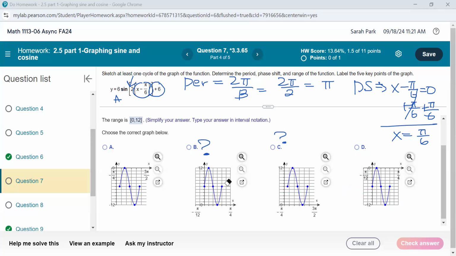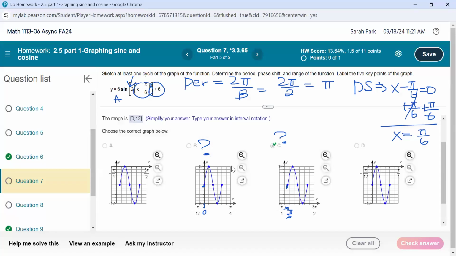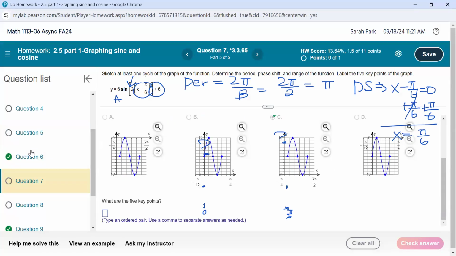So our first point better start at pi over 6. You see this first point, the x value is 0. This one, it looks like it moved over, so that's going to be at pi over 6. So we're going to go with C. All right, and now let me erase some stuff.